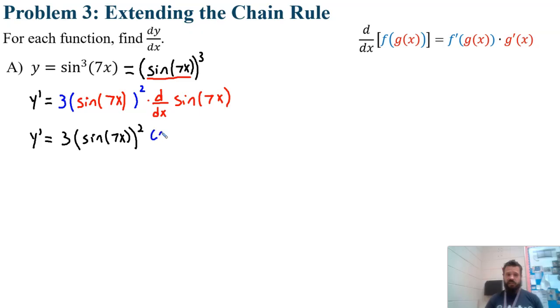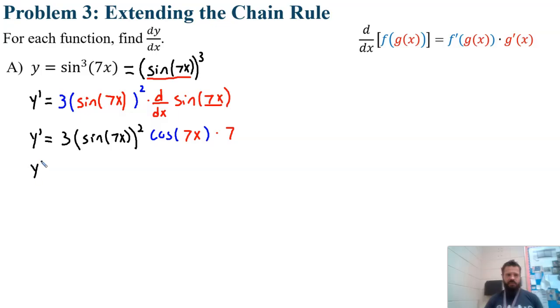Derivative of sine x is just cosine x. Cosine of x, but instead of x we'll place the inner function inside the cosine, and then that'll be multiplied by the derivative of the inner function 7x, derivative of 7x is just a 7.